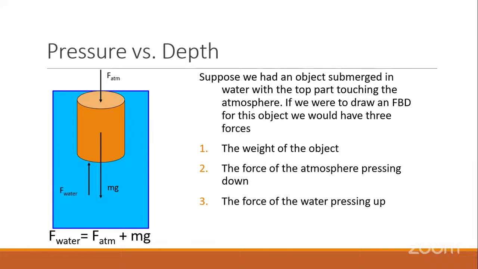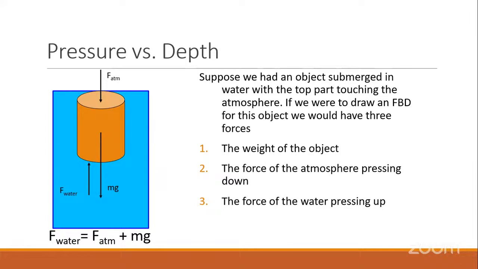Then the object is exerting a weight force downward, and the water in which the object is submerged is also resisting the object from sinking or moving down with a force that we call buoyant force, or upthrust. So we have three arrows, two of them pointing downward and one pointing upward.